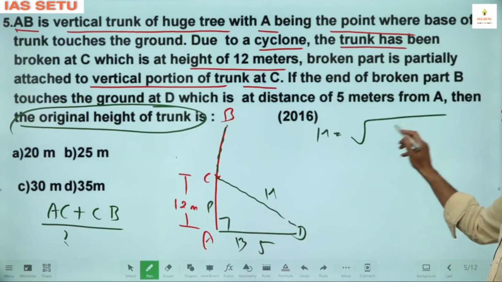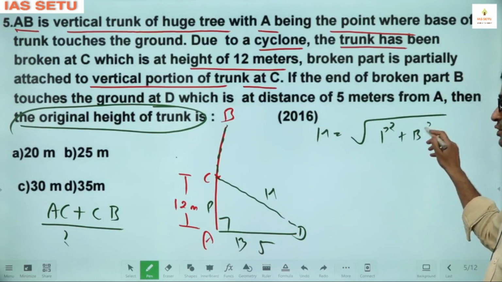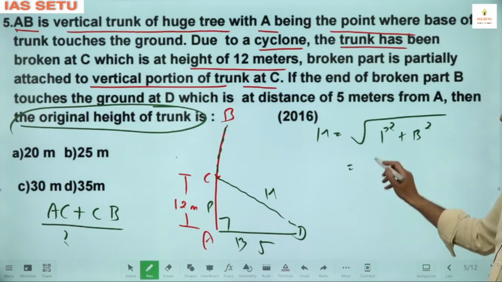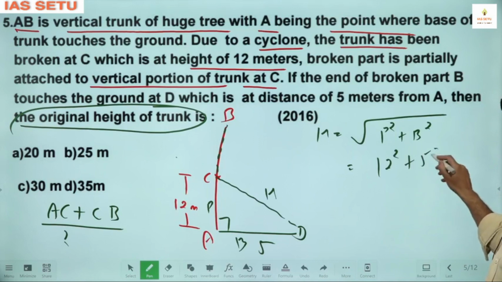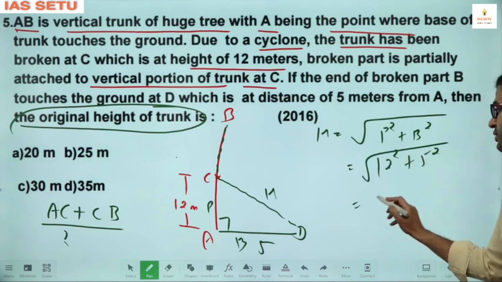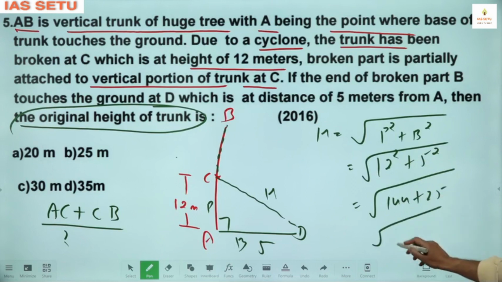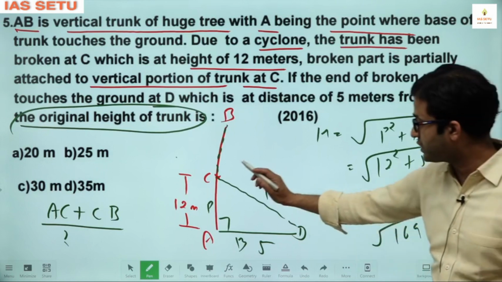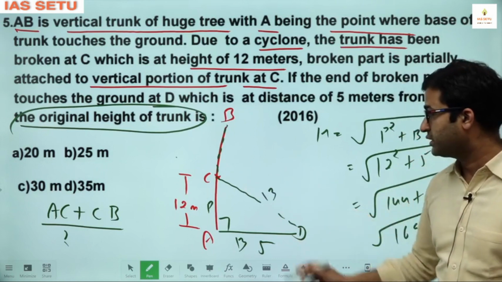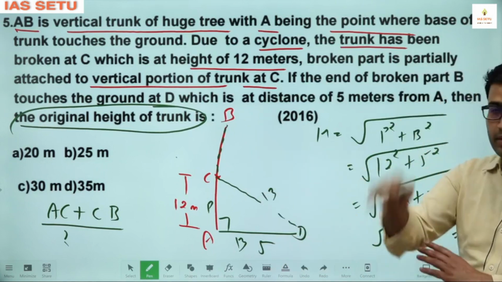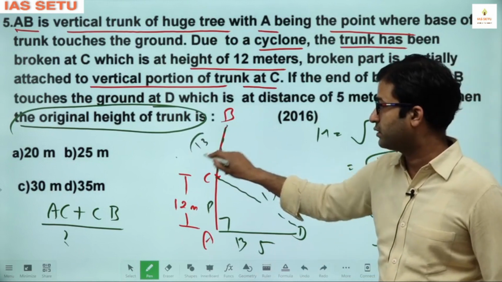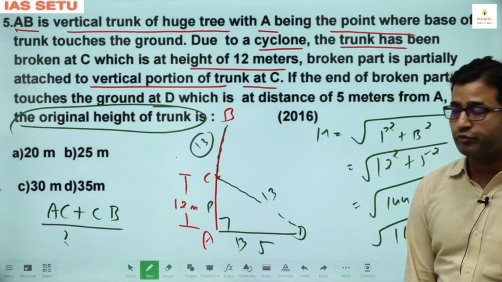Hypotenuse is under root perpendicular square plus base square. So this is under root 12 square plus 5 square, under root 144 plus 25, under root 169. So it is 13. So CD is 13. CD is nothing but BC, the broken part.